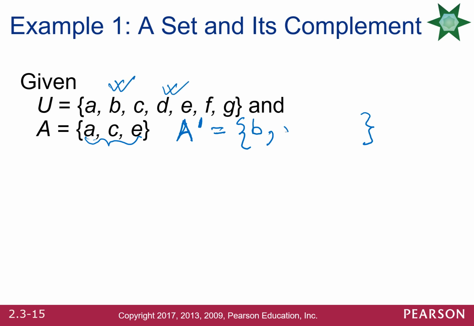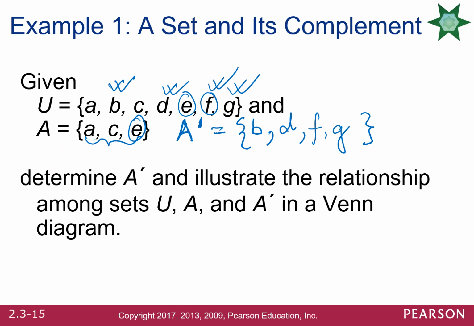So now we have B and D. E belongs in set A, so we cannot include that in the complement. And then F and G. So F, G. So the complement, A dash, will contain these elements B, D, F, G from the universal set which are not in set A.